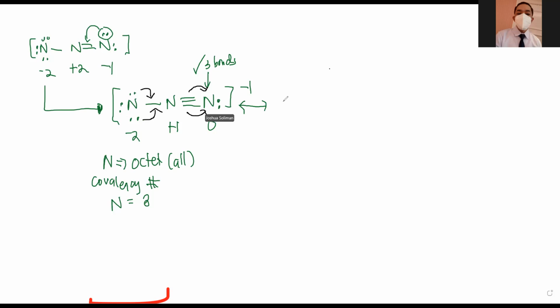Don't erase the lone pairs, that's the reason why you're drawing resonance structures. Go ahead, one movement first.